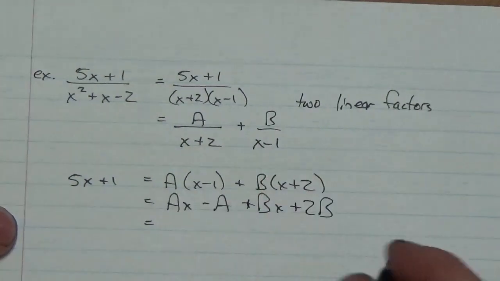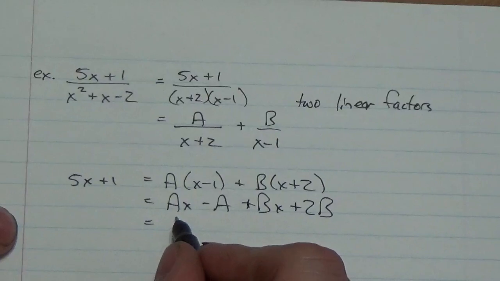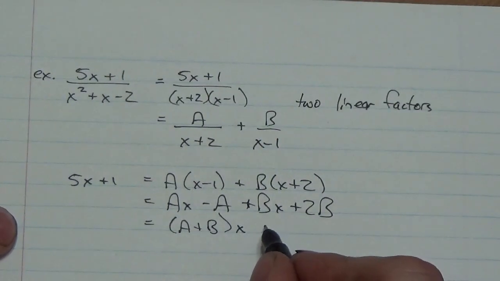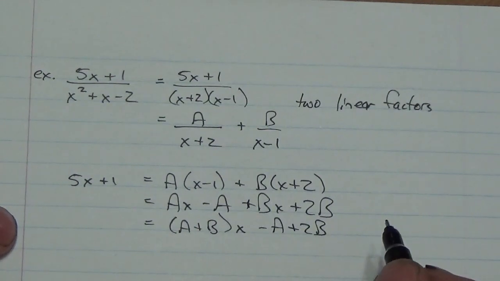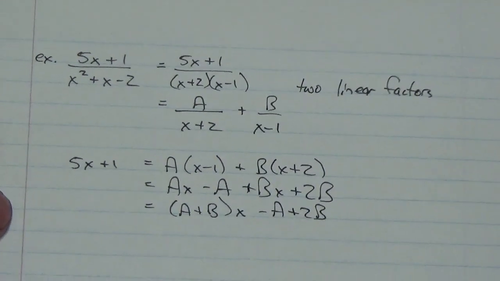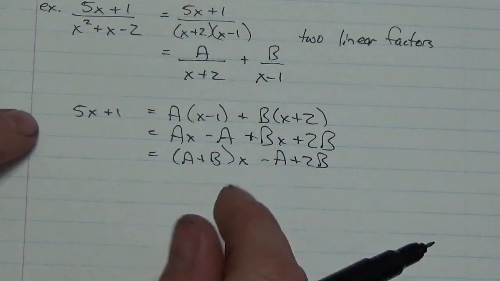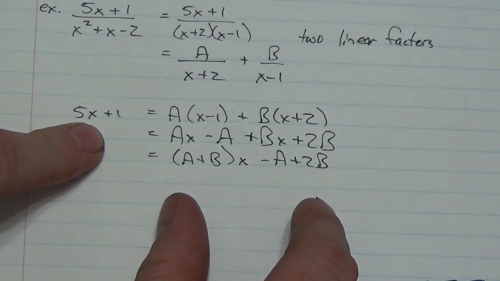And when I look at this and factor out the common x, I'll get A plus B times x, and then minus A plus 2B. Now, it may not look like I've accomplished anything too significant here, but this expression and this expression have to be the same.